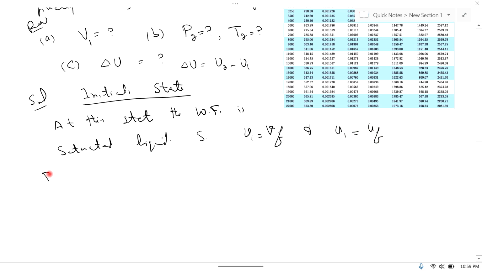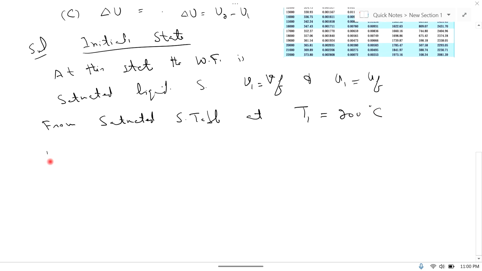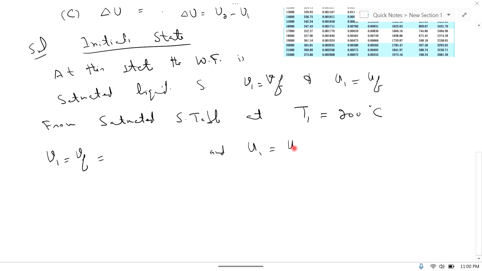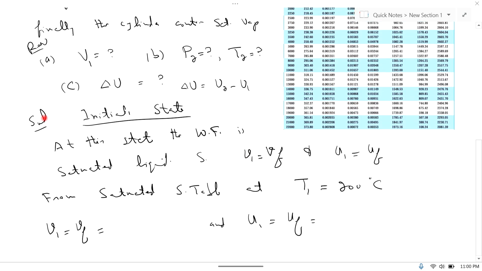From the saturated steam table, at temperature T1 equal to 200 degrees centigrade, find V1 equal to Vf and U1 equal to Uf.